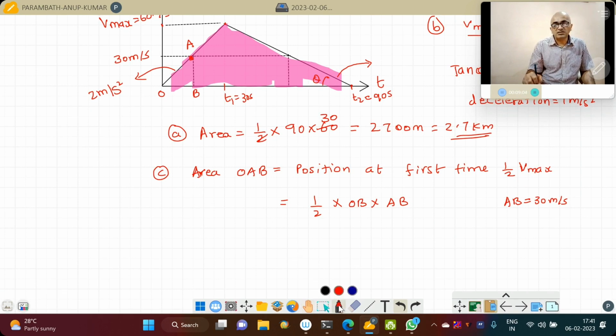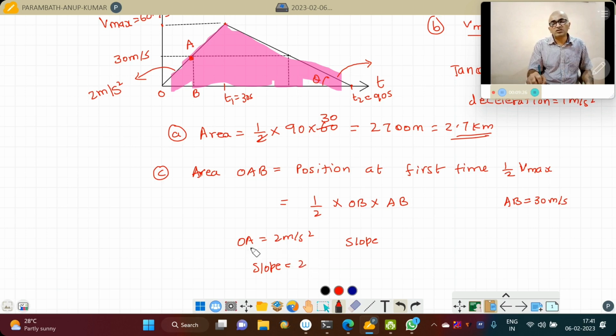That is, I have OA, the slope, is equal to 2 meters per second square.